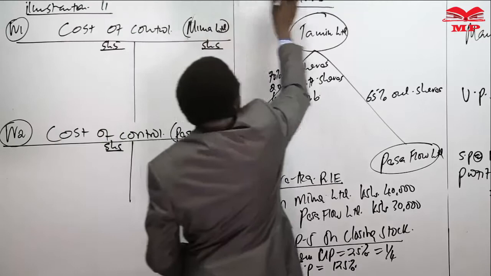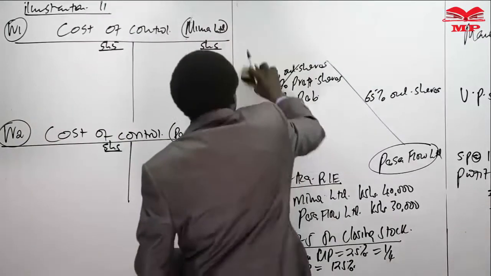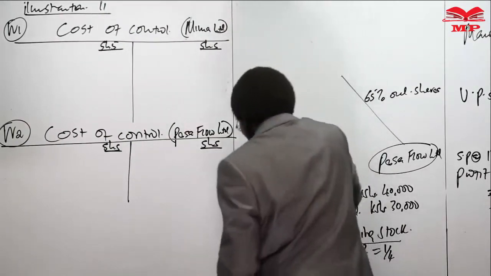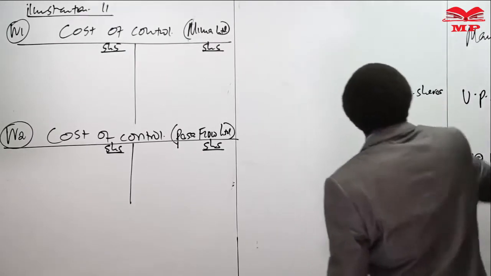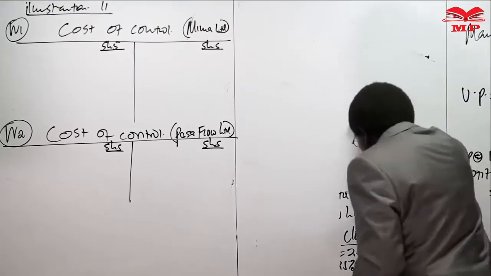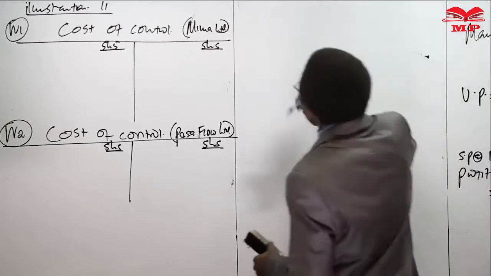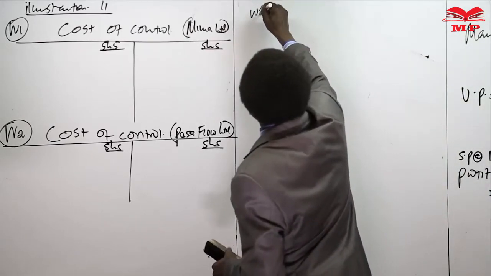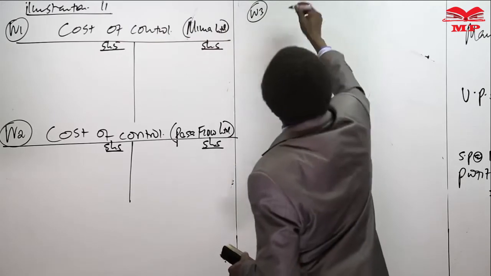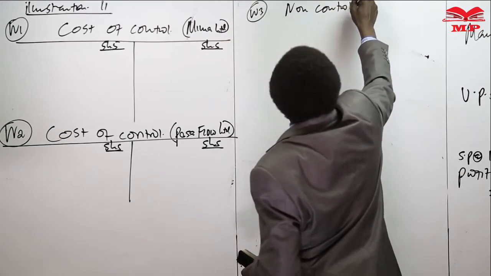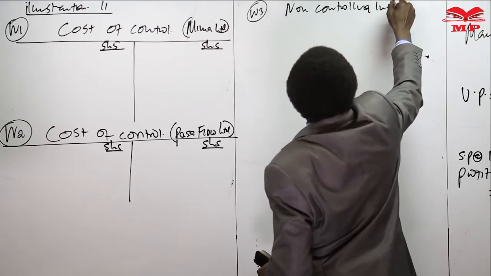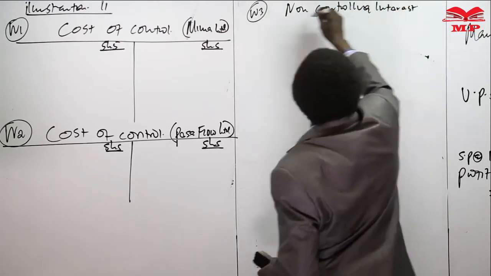Then we'll also have non-controlling interest. Let me have it on this side. I'll have the non-controlling interest workings so that we are able to get these items before preparing the financial statements. So working 3 is the non-controlling interest account.